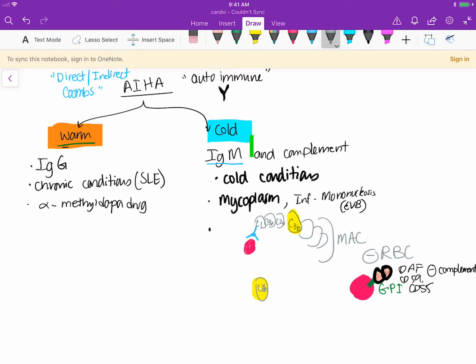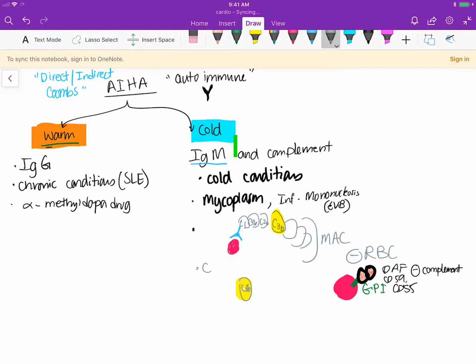This is why the complement does not work at cold temperatures. So remember, cold temperatures, no complement. However, IgM gets dissociated from the cell, and you have C3b residue.